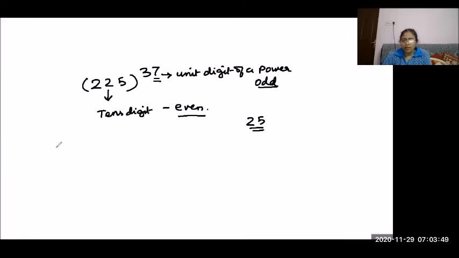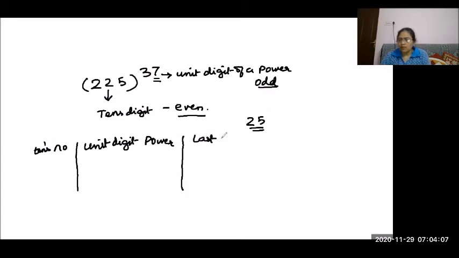Let me take the tens digit of the number and the unit digit of the power, and then the last two digits. If you just remember this, with a cycle of 5, you can find the last two digits very easily. Say the tens digit of the number is even and the unit digit of the power is also even: the last two digits will be 25.